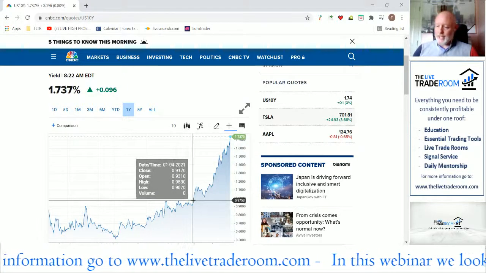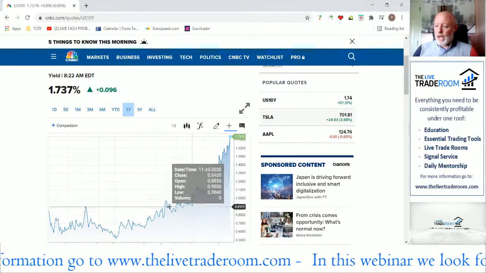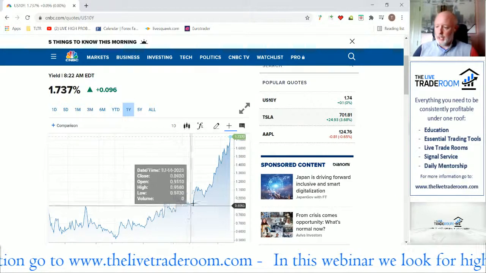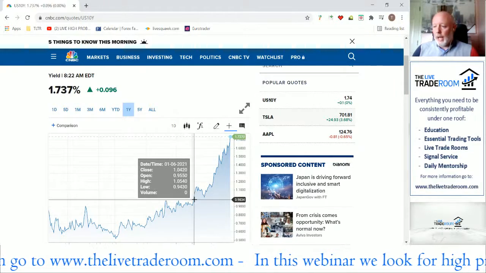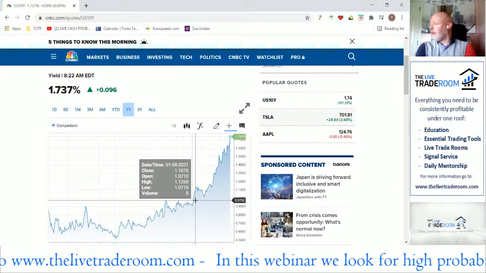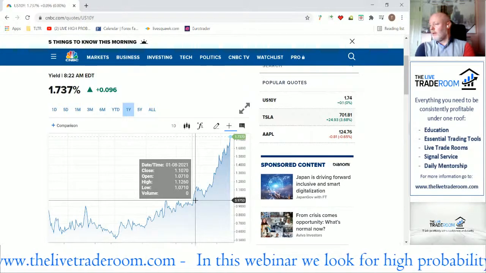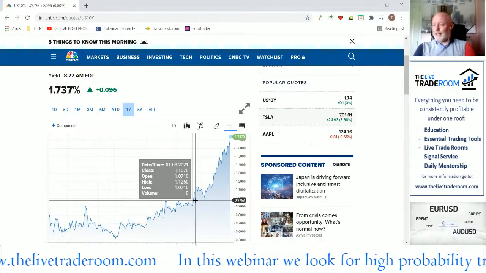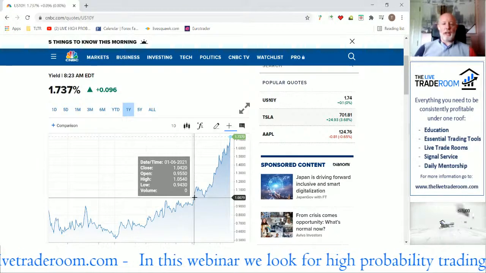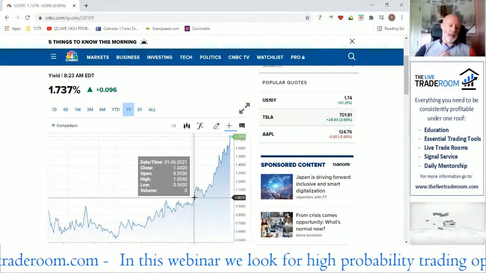We've basically doubled. We're very close to doubling the percentage on the 10-year note, literally over the last 2.5 months. So that is quite significant. It's a considerable shift in these market dynamics.